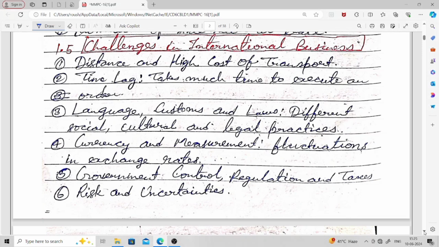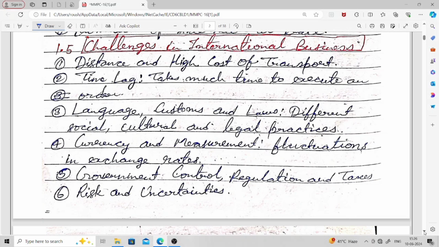The second challenge for international business is the time lag. It takes much time to execute an order. For example, if any product is demanded by one country from another country, then to execute that order, the purchase and the transportation combined take much more time.